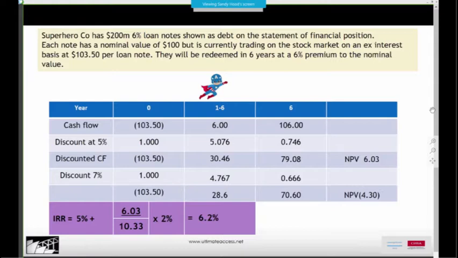So this particular management accounting technique has enabled us to calculate the cost of debt in respect of our investors, because I have to draw attention to that if somebody buying one of these loan notes and holding it for the next 6 years is earning an annual return of 6.2%.